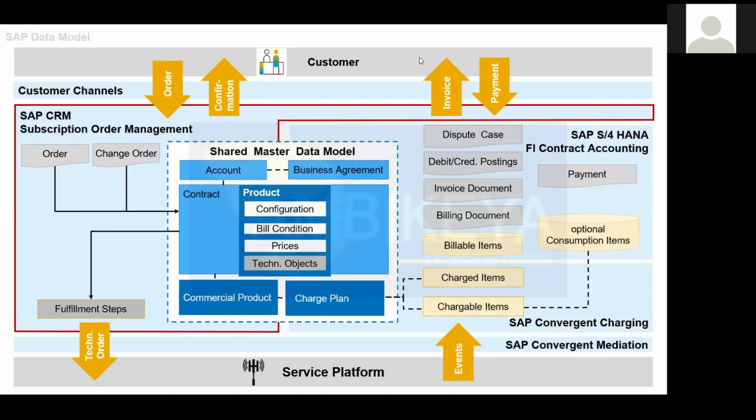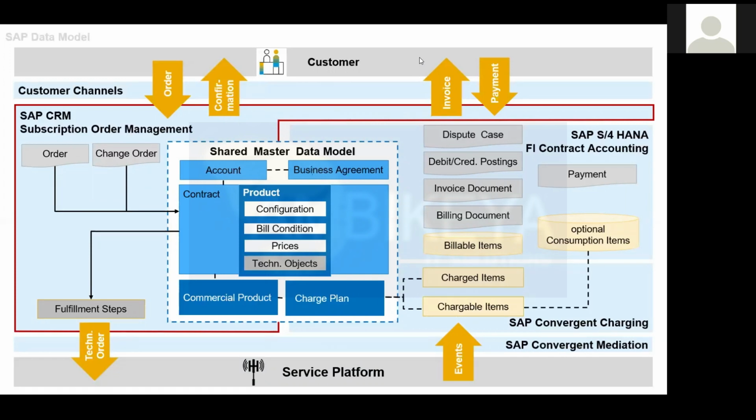If we have events, we have normally chargeable items that are assigned to the charge plan. After the usage, we receive then charged items that already have a price. The charged items of the convergent charging are mapped to the billable items.